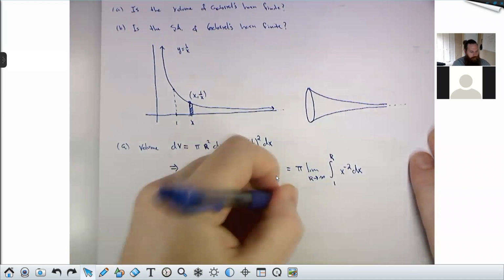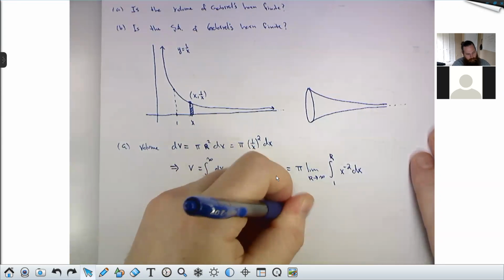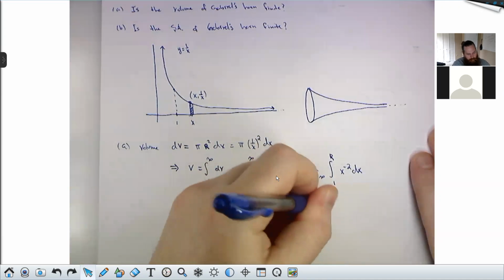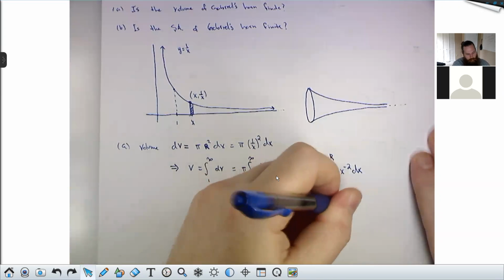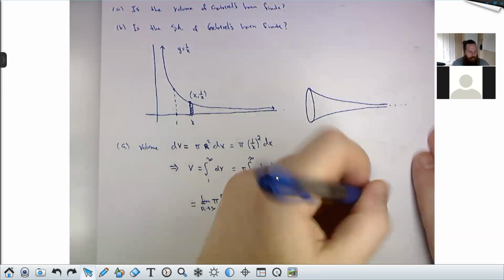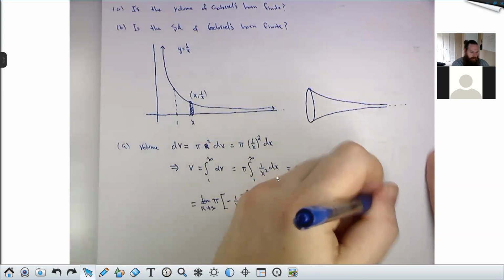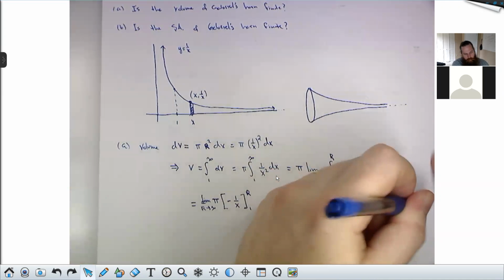So that will be pi times the limit as r goes to infinity of negative 1 over r minus negative 1 over 1, which is pi times 0 plus 1, which is pi.